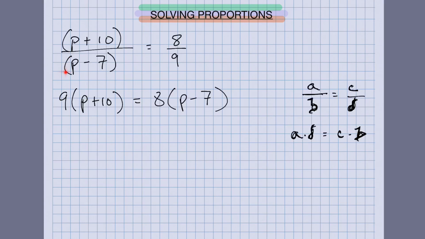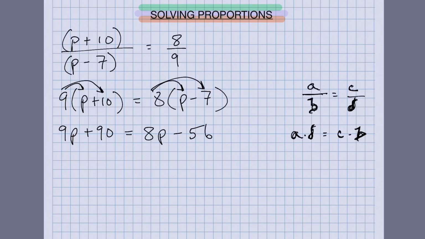Okay, so all I'm doing is taking everything in these parentheses and moving it up, multiplying it with this 8 here. This 9, I just move it up, multiply it. So now we need to do distribution. Okay, so we have 9p plus 90 equals 8p minus 56.